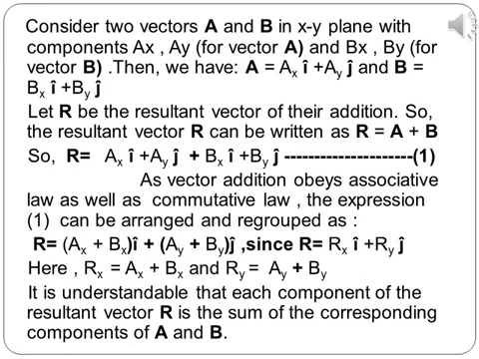Since vector R is equal to Rx i cap plus Ry j cap, here Rx is the sum of the x components of vector A and vector B, and Ry is the sum of the y components of vector A and vector B. Then Rx is equal to Ax plus Bx and Ry is equal to Ay plus By.